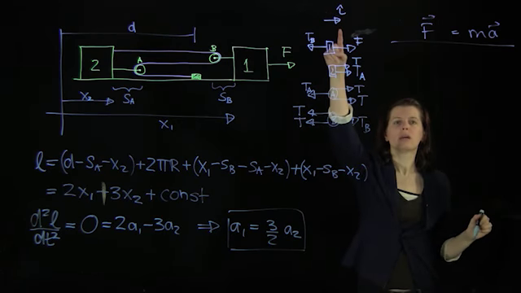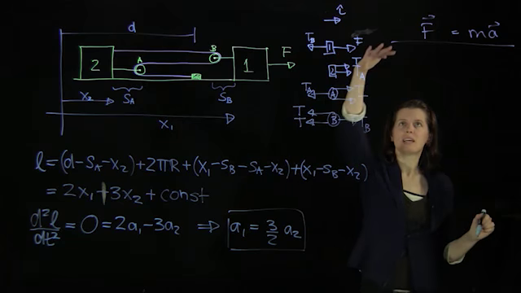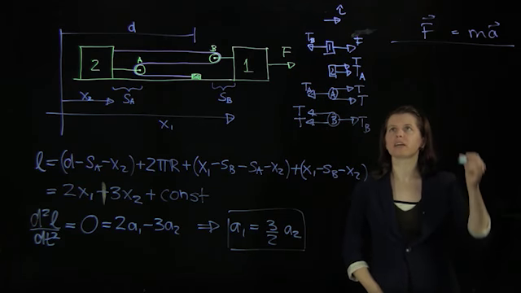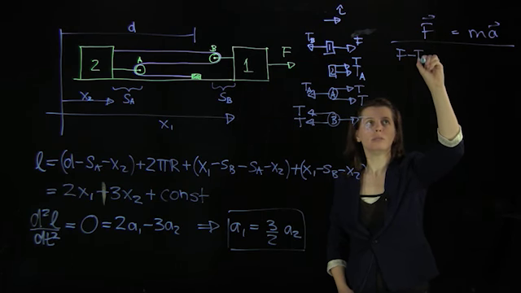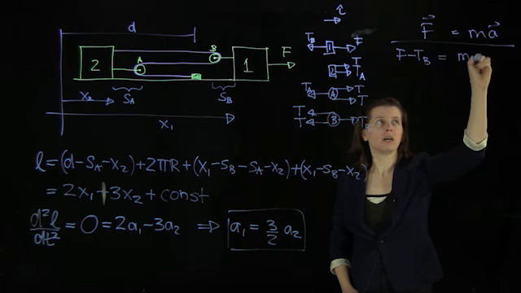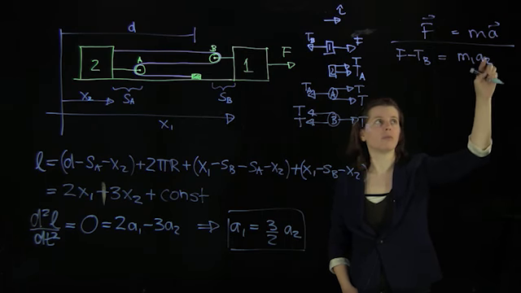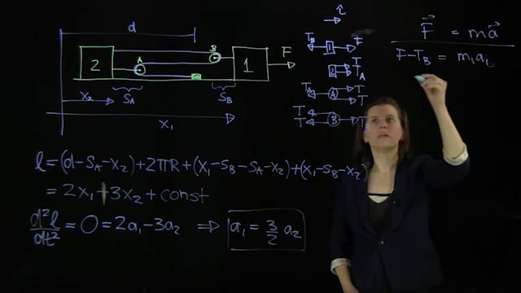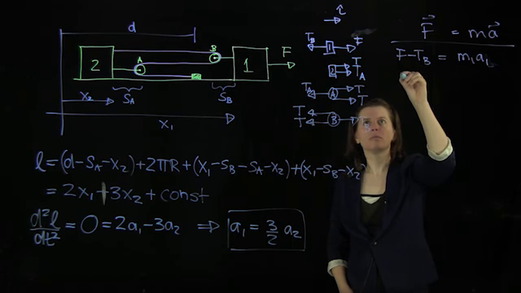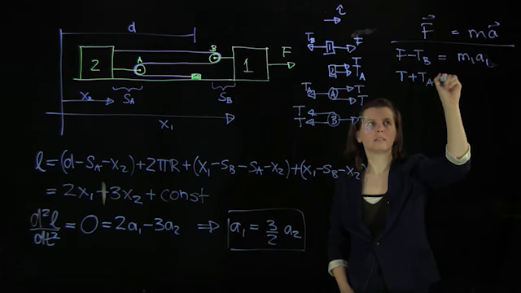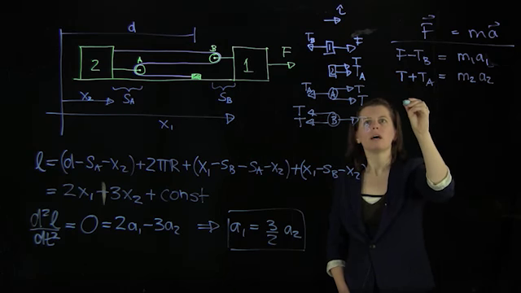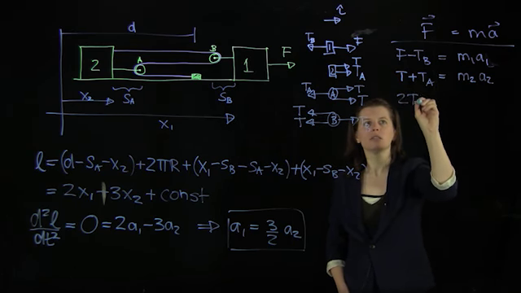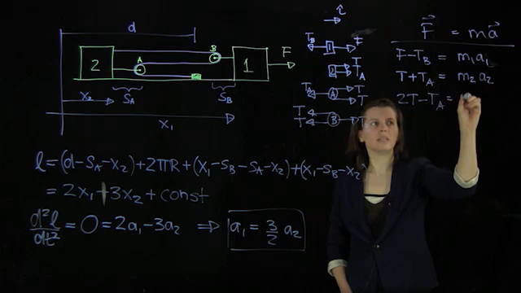And since this is just going in the i hat direction, we can just write down the 4 equations following the 4 free body diagrams here. So we have F minus TB equals M1 A1. We have T plus TA equals M2 A2. Then we have 2T minus TA equals 0.